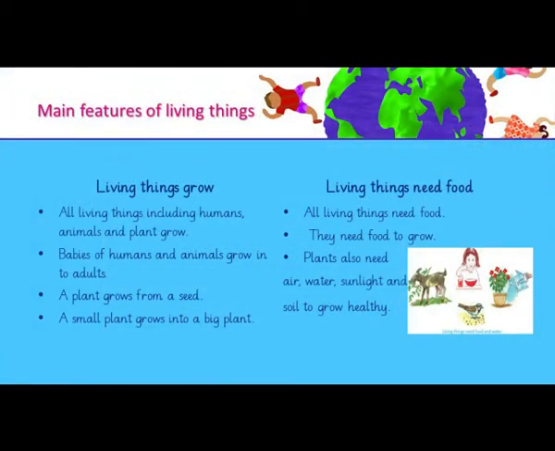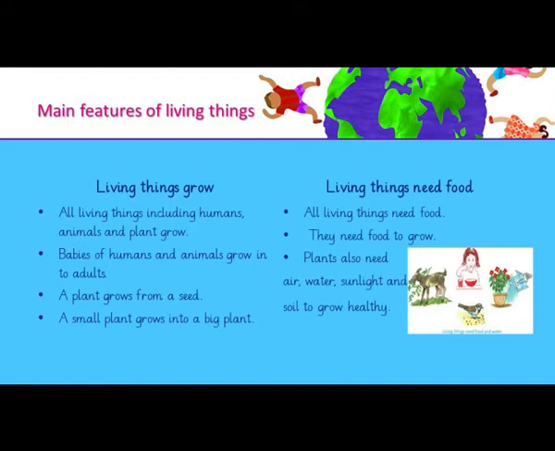Main features of living things. What are the main features of living things as they need food, air, and water? So, why do they need food? All living things, human beings, animals, plants, all need food. They need food because they grow.